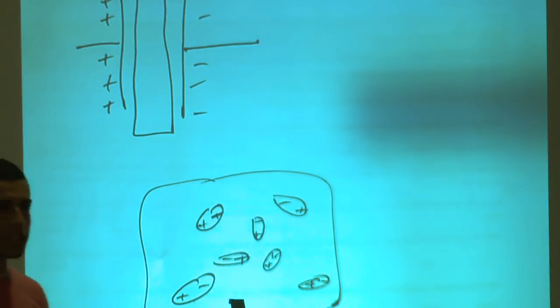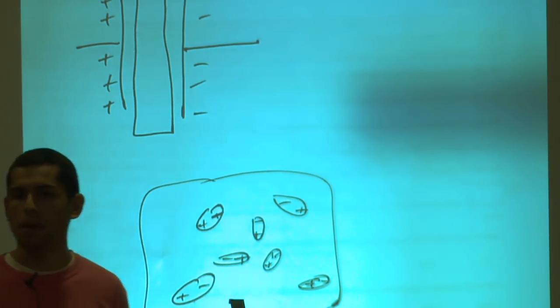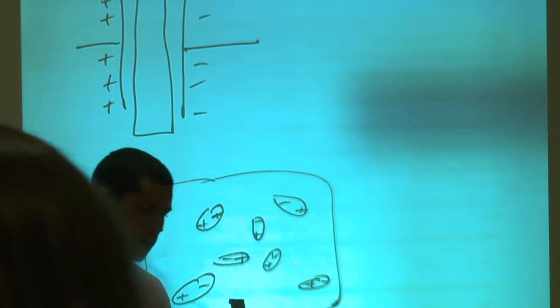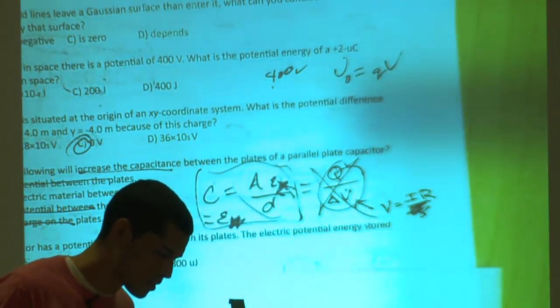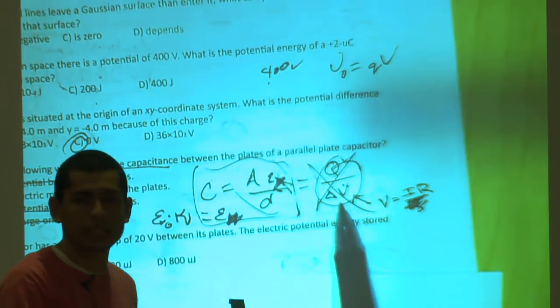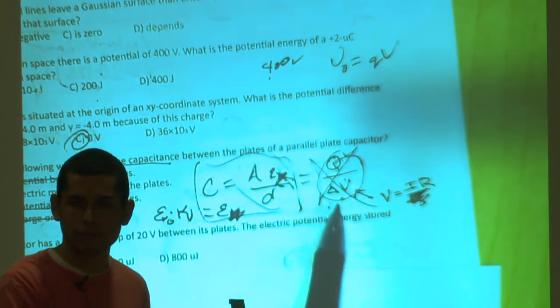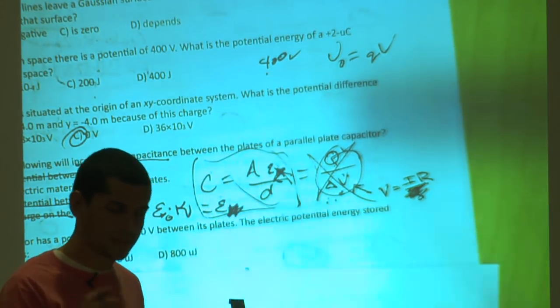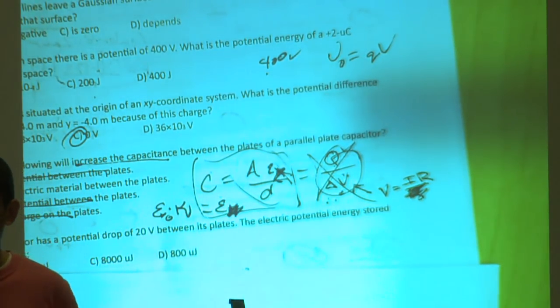I'd definitely look it up, but I'm pretty sure it increases the capacitance. I meant electric field. Oh, it decreases the electric field, yeah, that's right. It decreases the electric field, but if you look at this equation, our potential is directly proportional to the electric field, and thus if we have a decrease in electric field, it increases the capacitance. So yeah.